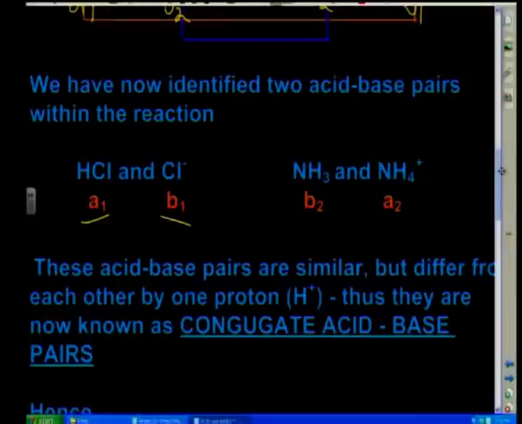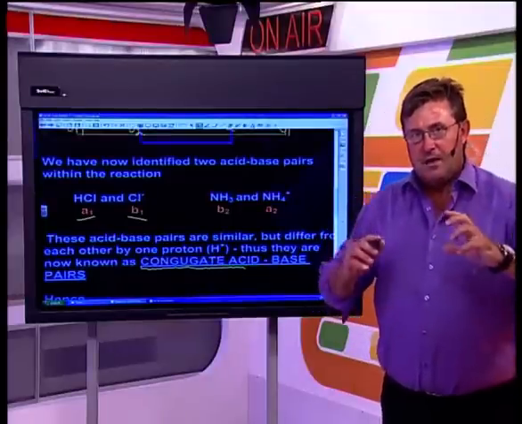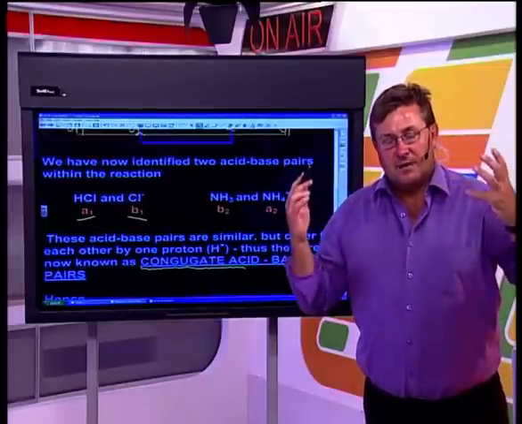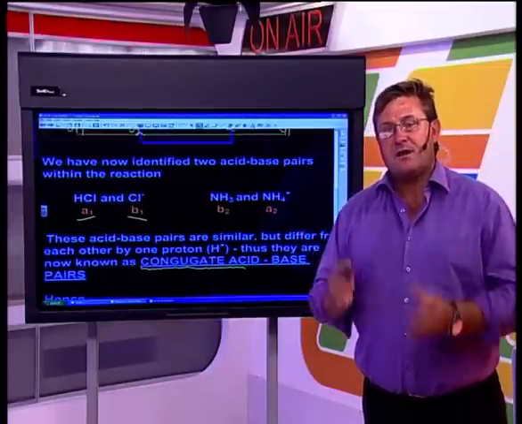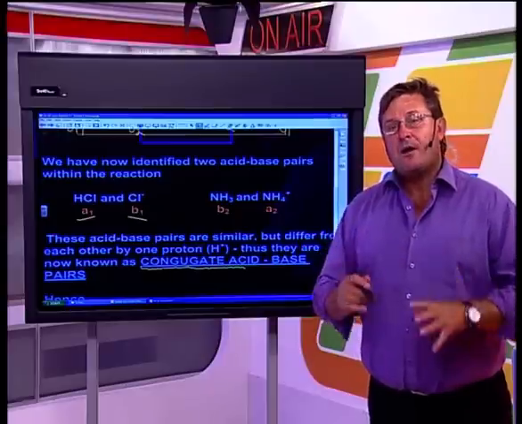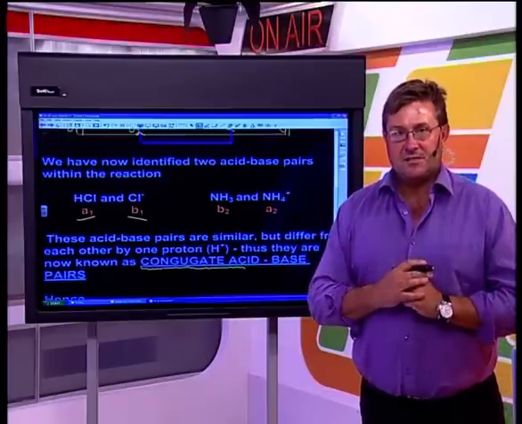These acid-base pairs are similar but differ from each other by one proton, and thus are known as conjugate acid-base pairs. Guys, the word conjugate simply, in a nutshell, explains what I've just said about differing by one proton. So we talk about the word conjugate acid-base pairs.